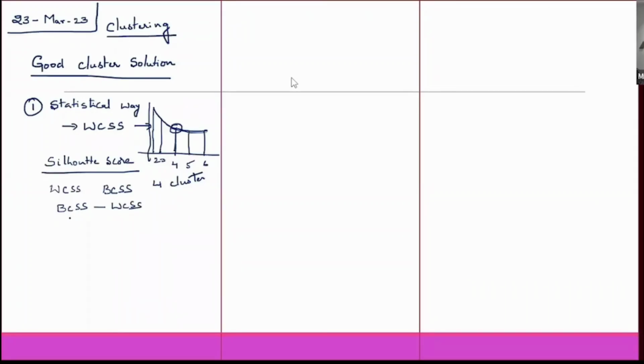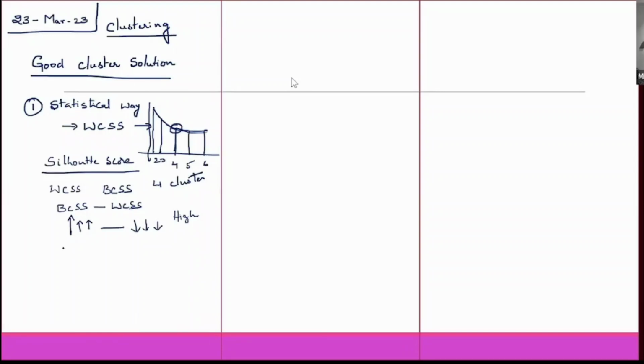Between the clusters, the sum of squares should be very, very large, and within the clusters, the sum of squares should be very, very low. So the difference between the two should be very, very high. And this is called the Silhouette score.